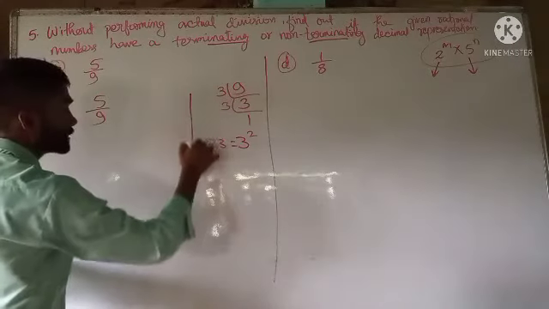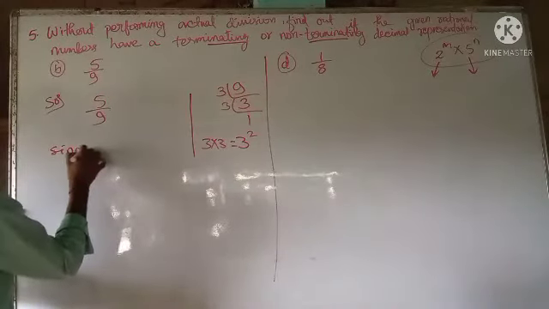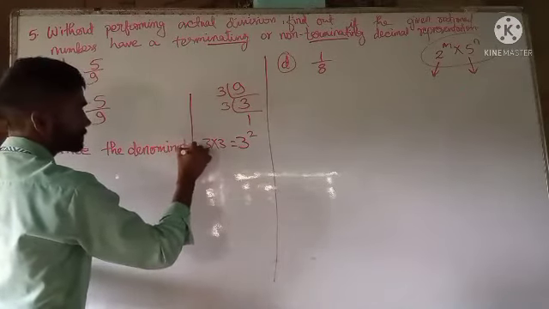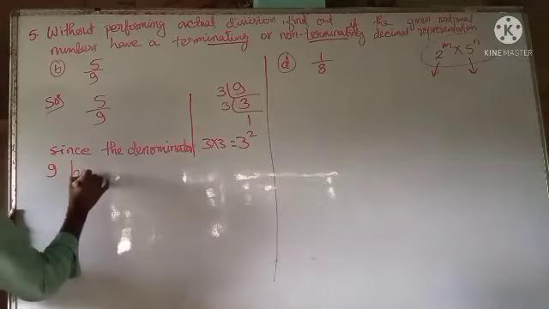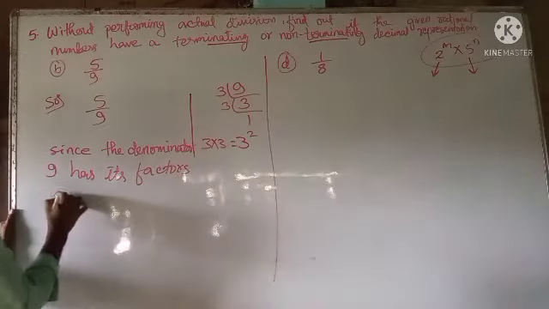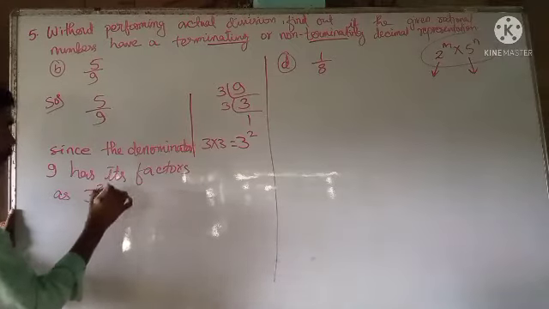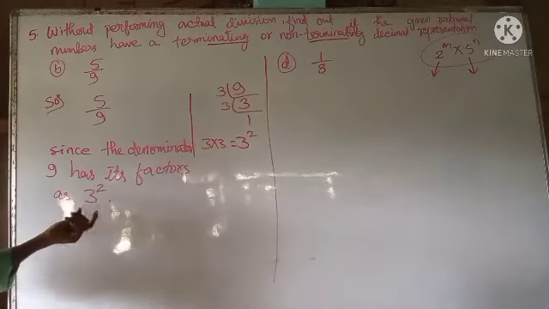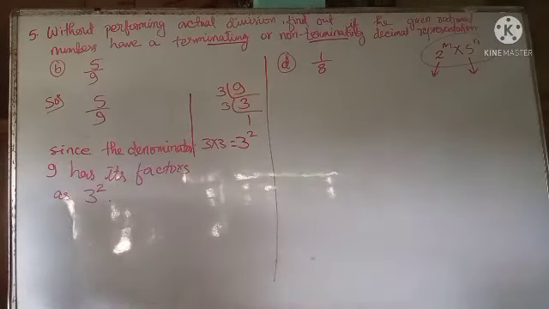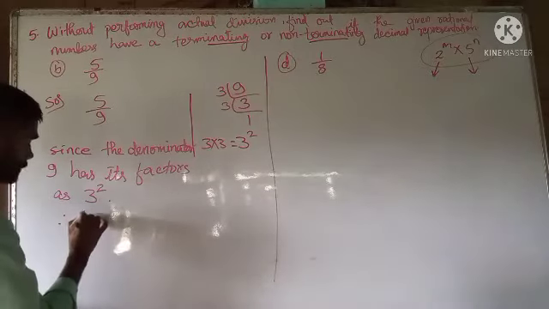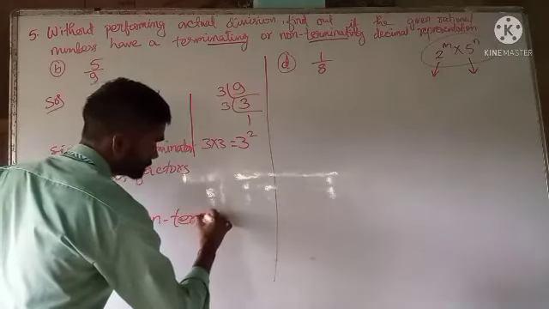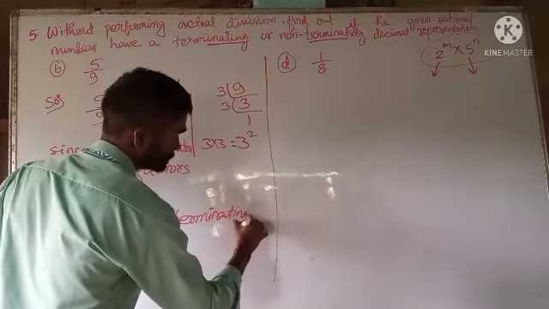So we can write our sentence in this way: since the denominator 9 has its factors as 3 to the power 2, we can say that 5 by 9 will have a non-terminating decimal representation.